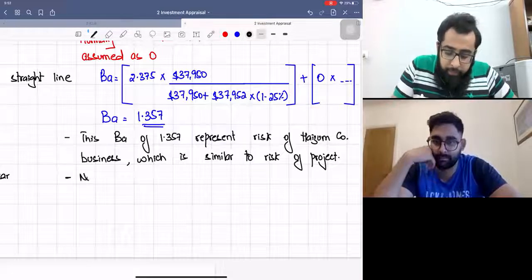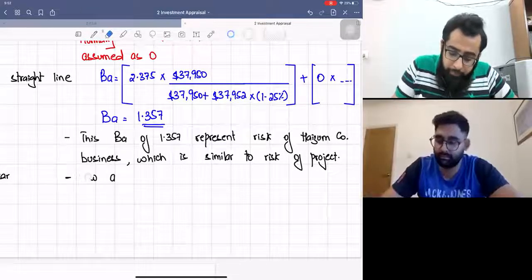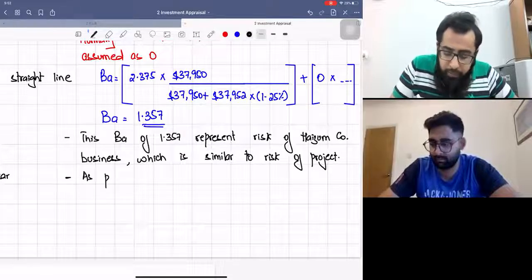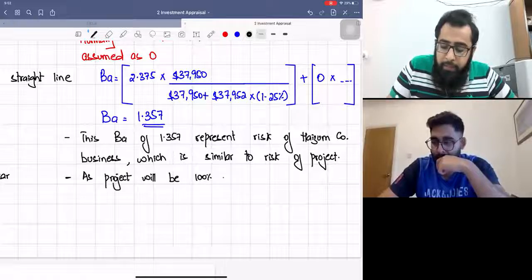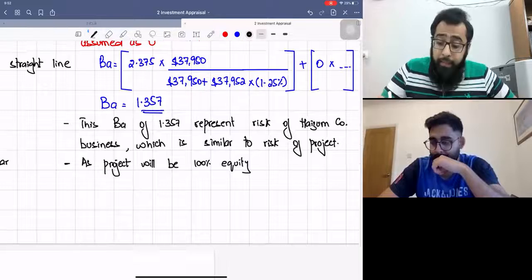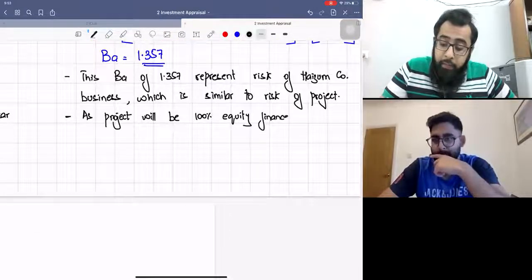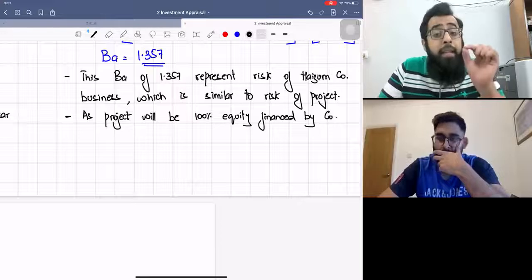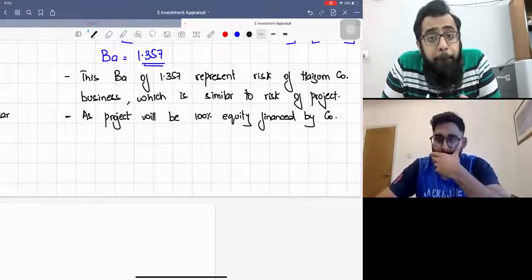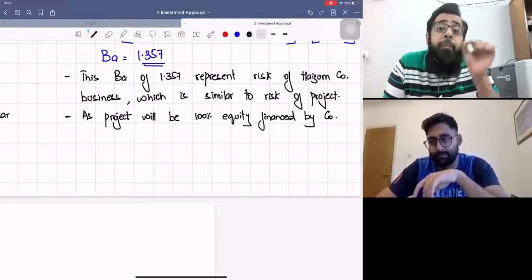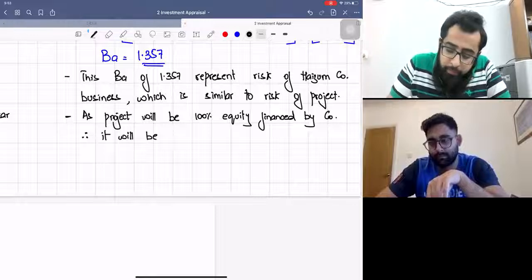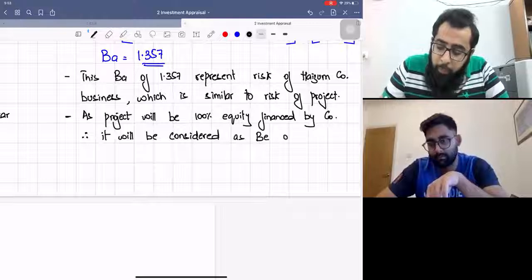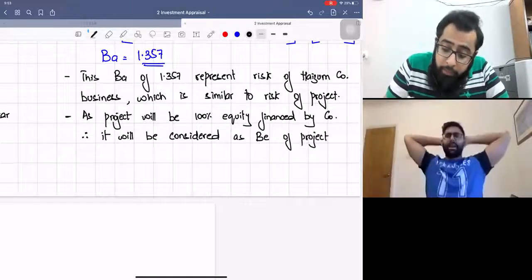Now, as the project will be 100% equity financed by the company, therefore it will be considered as the beta equity of the project.